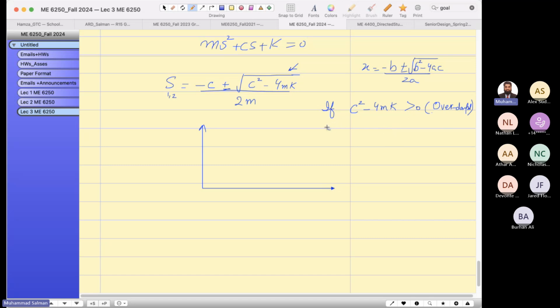If it is negative, then it is the underdamped case. And if it is equal to zero, it has repeated roots, and it is the critically damped case.